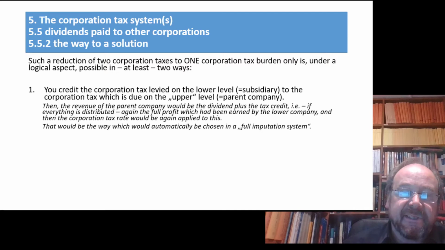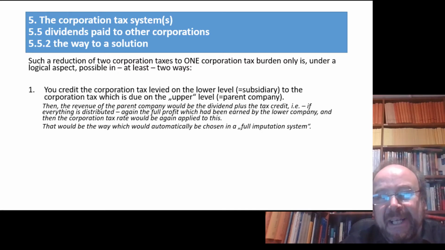This credit system would automatically probably be applied in case of a full imputation system. That would automatically be the result. So in a full imputation system, well, you remember these were systems which existed before the year of 2000 or so, very frequently.